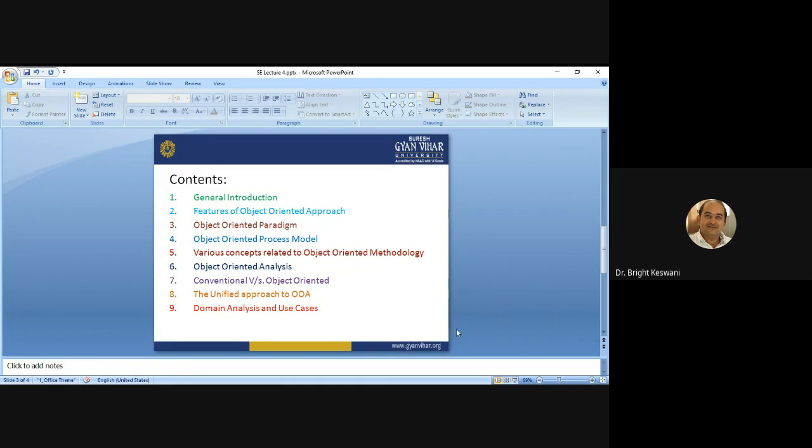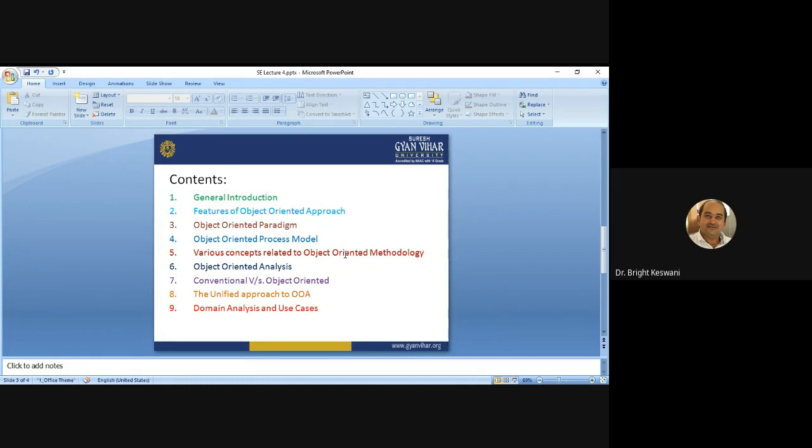Next, there are several technologies involved in object-oriented technologies. Object-oriented requirement analysis is part of the object-oriented approach. Object-oriented design is part of the object-oriented approach. Object-oriented domain analysis is part of the object-oriented approach.